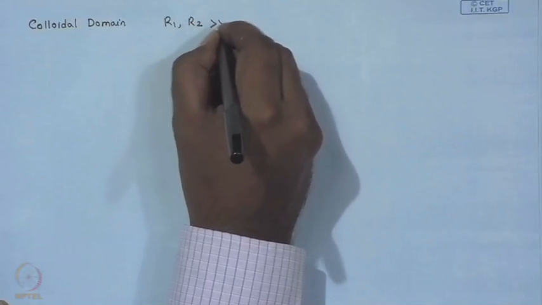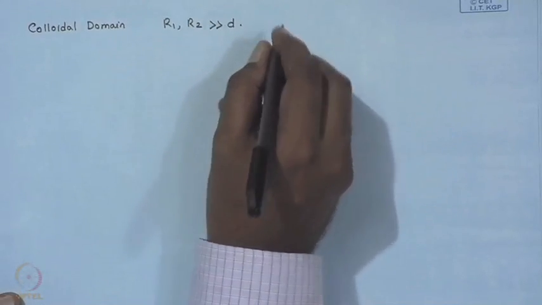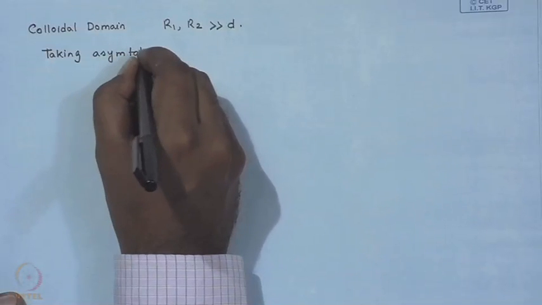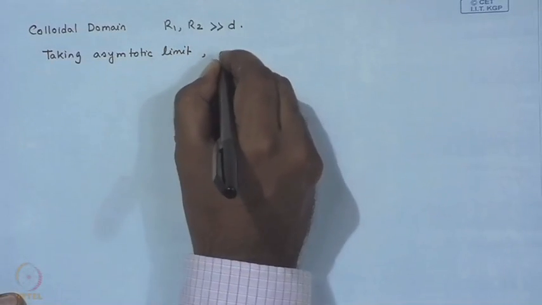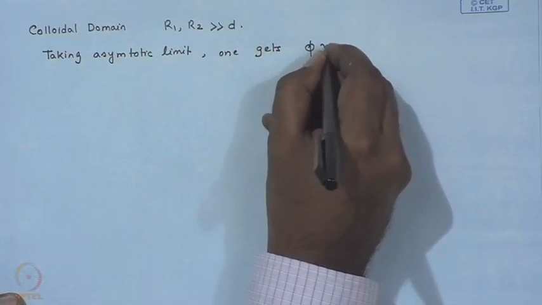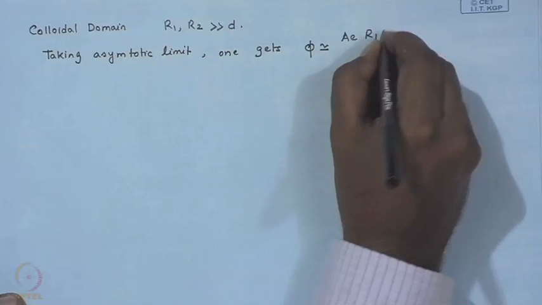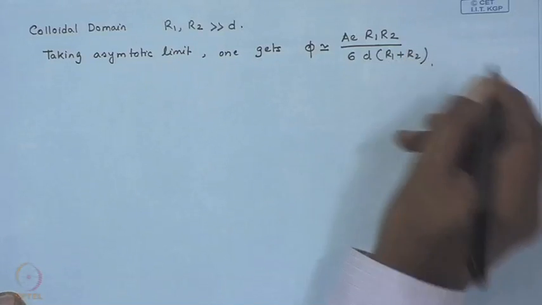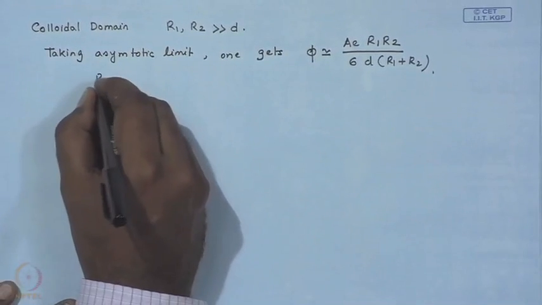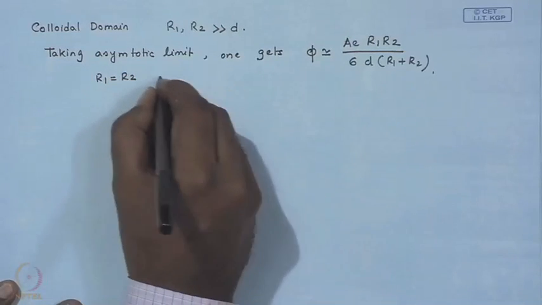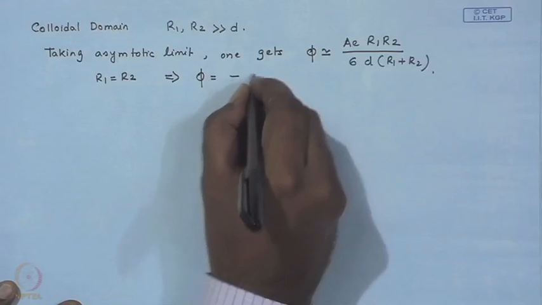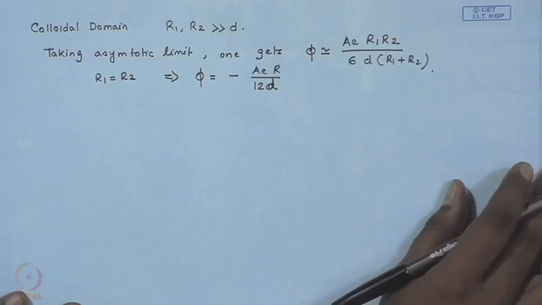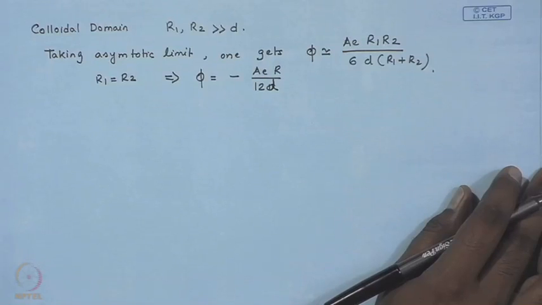r1 and r2 much larger than d. So, therefore, taking the asymptotic limit, one gets, and for the specific case R1 equal to R2, one also gets phi is equal to minus AR divided by 12D.